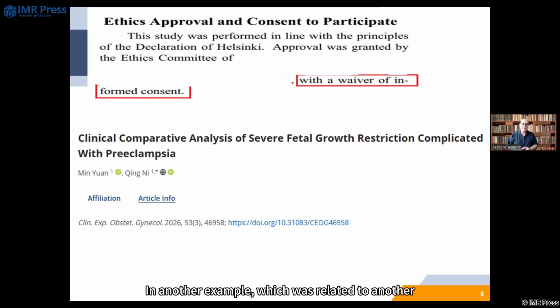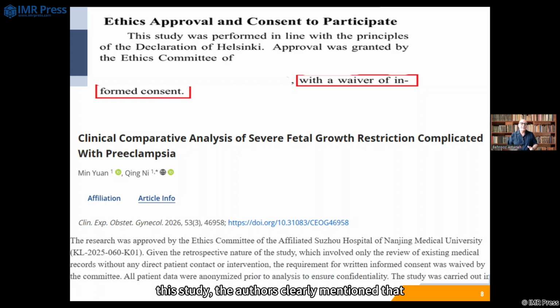In another example, related to an article published in one of the other journals affiliated to IMR Press, entitled Clinical Comparative Analysis of Severe Fetal Growth Restriction Complicated with Preeclampsia, the authors clearly mentioned that the research was approved by the ethics committee of the affiliated Suzhou Hospital of Nanjing Medical University.